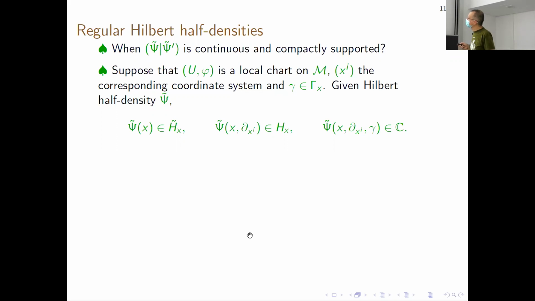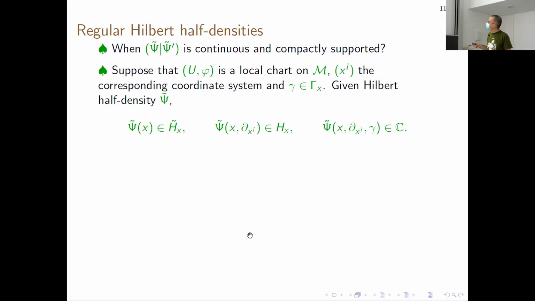Now, if I put here the basis of the tangent space over x given by this coordinate frame, then I obtain an element of this Hilbert space, which more or less is a function, right? It's in fact an equivalence class of functions, but I will neglect this subtlety here.